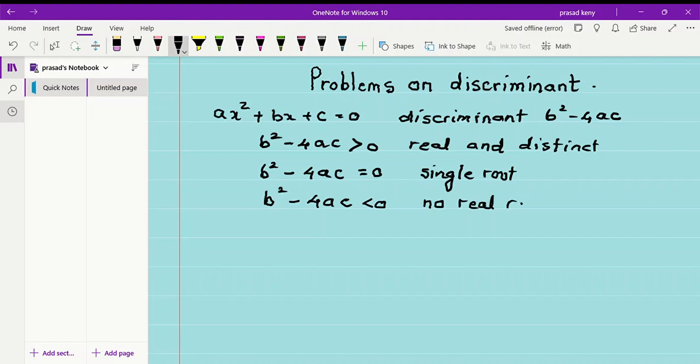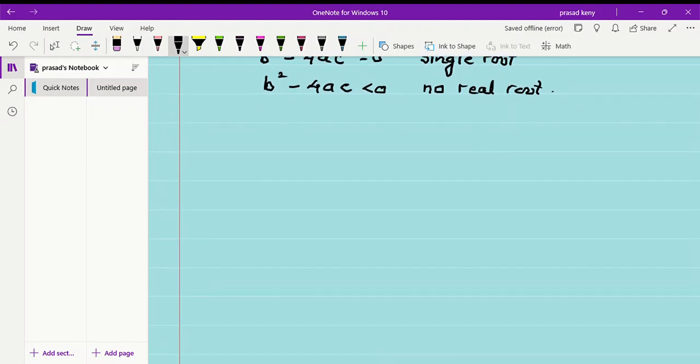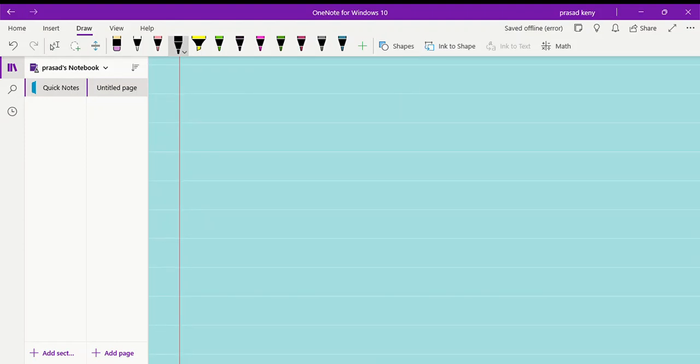So, let us solve some problems on these discriminant. So, come to the first question here.